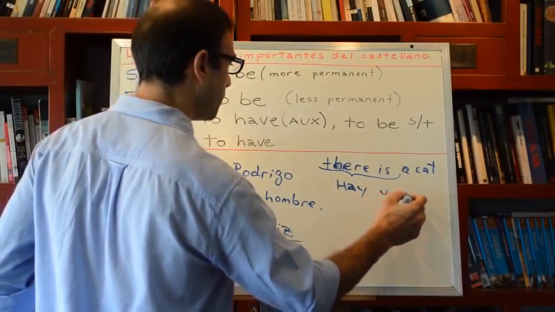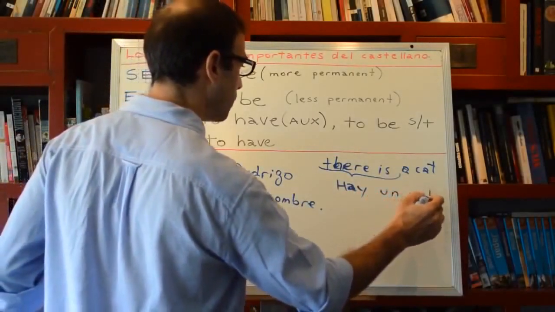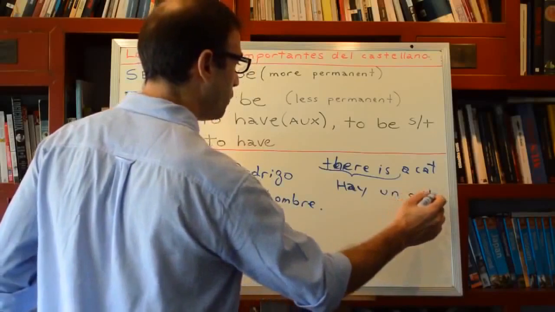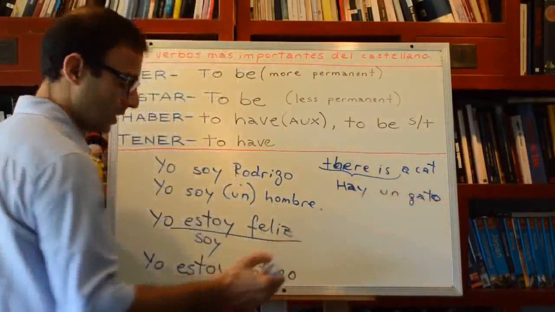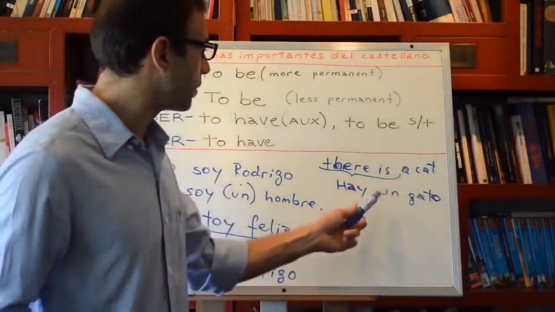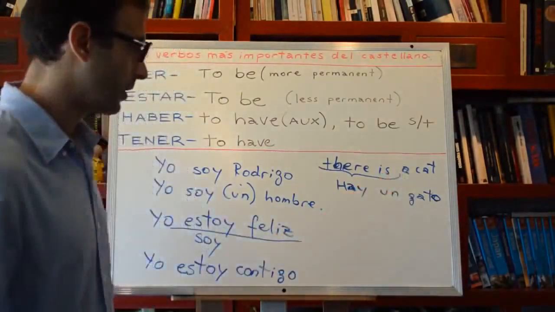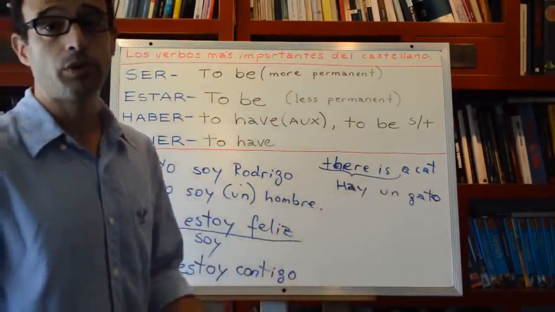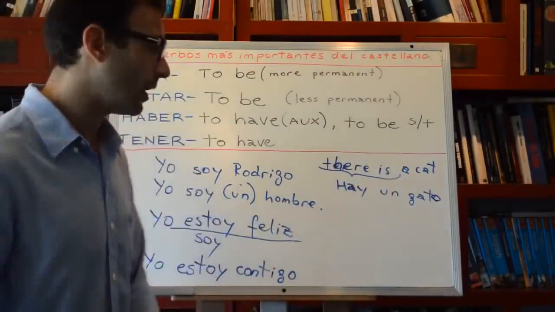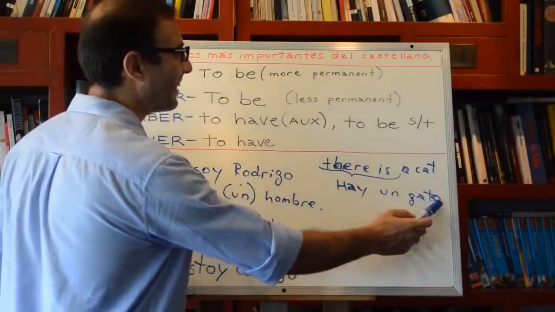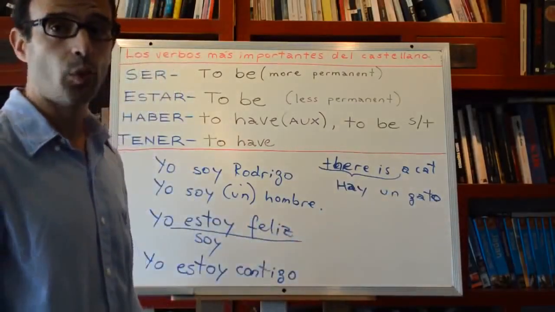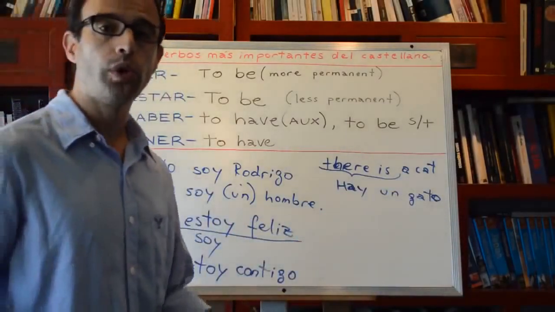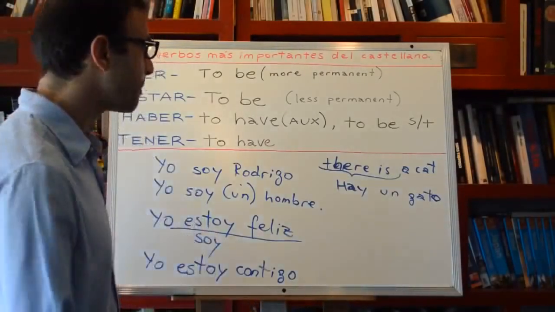Hay un gato. Okay? So un is the indeterminate article a for masculine. Un gato means a cat, okay? If I want to say a female cat, right, I would say una gata with an a at the end. Una gata for feminine, un gato for masculine, okay?